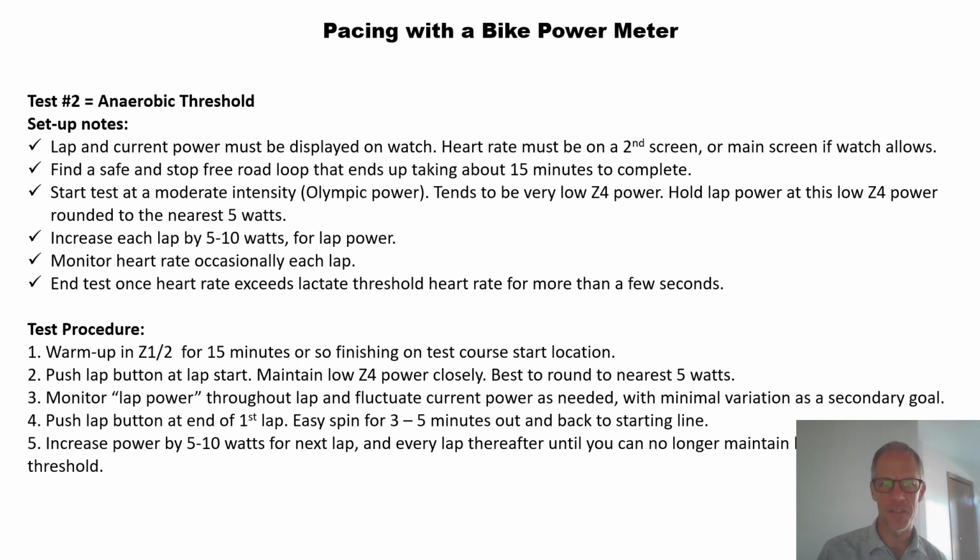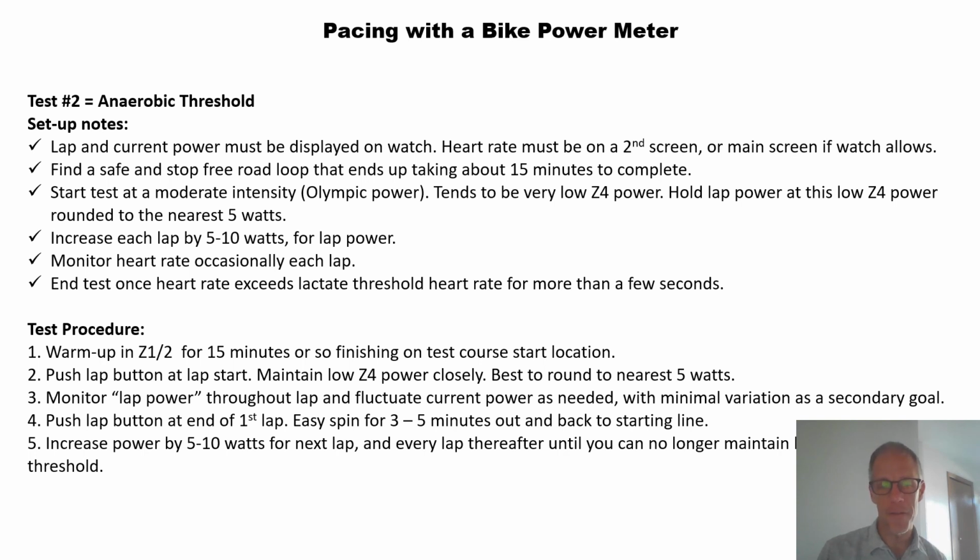Find a safe and stop-free road loop that ends up taking about 15 minutes to complete. Start the test at a moderate intensity. I'll call that Olympic power, probably upper zone 3, low zone 4. Hold that lap power at this low zone 4 power and round it to the nearest 5 watts.